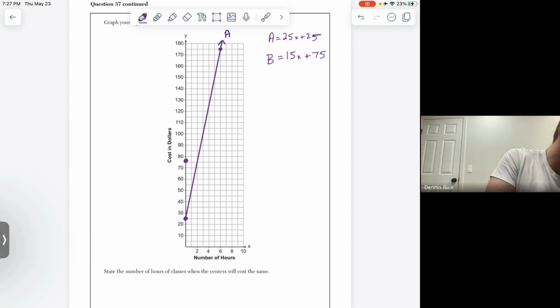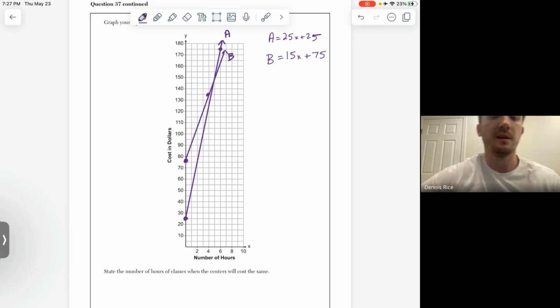So 4 should be 135, very close to hitting. And now I would just go like this. These get kind of tight together there. And that's B.